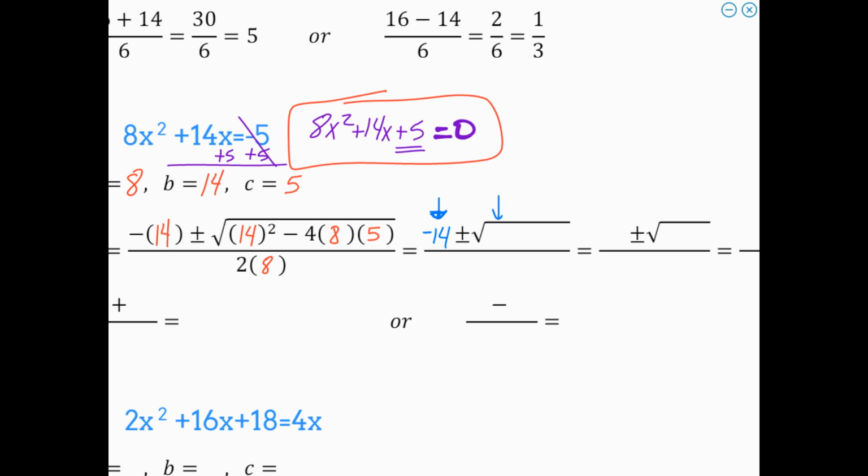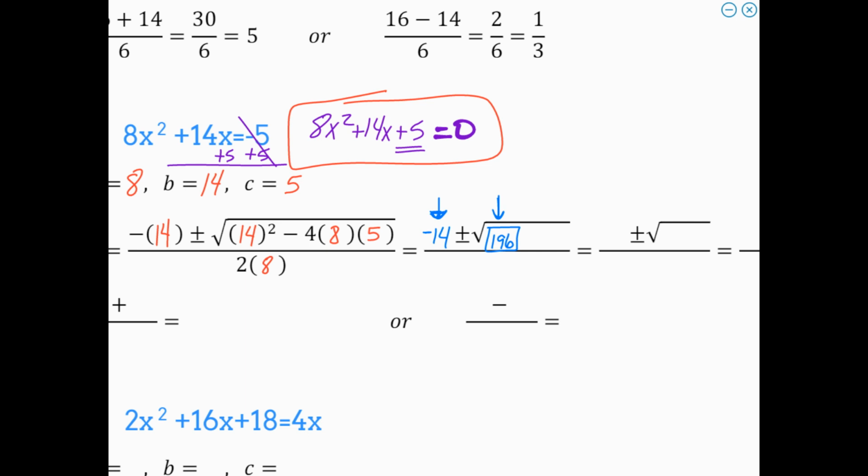What is simplified when I do 14 squared? Right, you have a box on your screen for that. What is it? 14 squared, 14 times 14? 196.